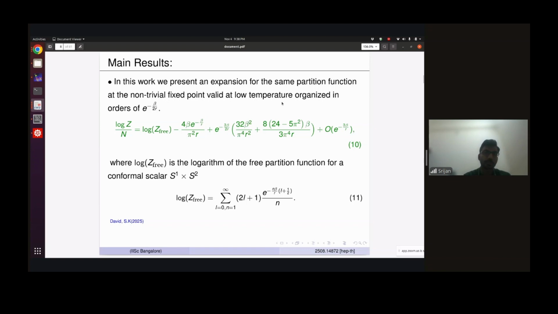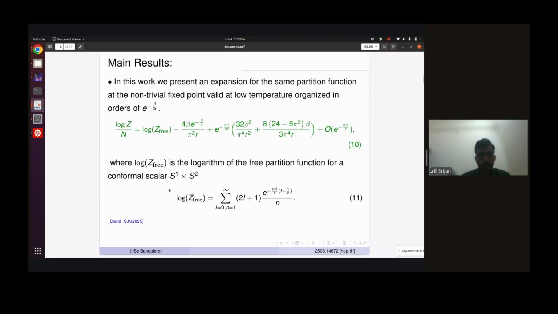At the low temperature limit, we can find the partition function as an order by order expansion in e to the power minus beta by r. Okay, so the expansion is in terms of exponentials, basically e to the power minus beta by 2r, where this log z free, the first term, is basically the logarithm of the free partition function for a conformal scalar on S1 times S2.